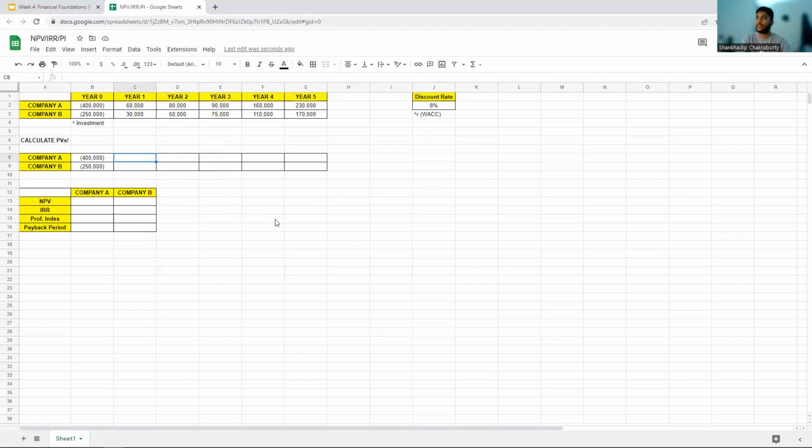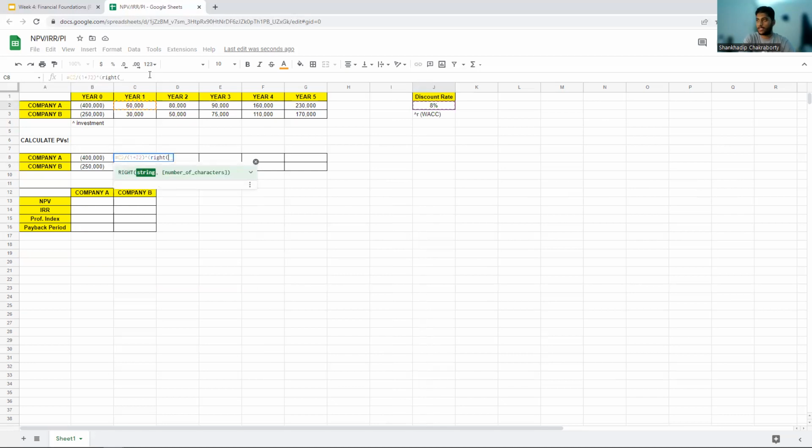So I want to PV 60,000 for company A. What's the equation? The equation is the future value, which is 60,000, divided by 1 plus R to the power of 1 in this case. Now, instead of typing 1, just so we can automate this, I'm going to use the RIGHT function.